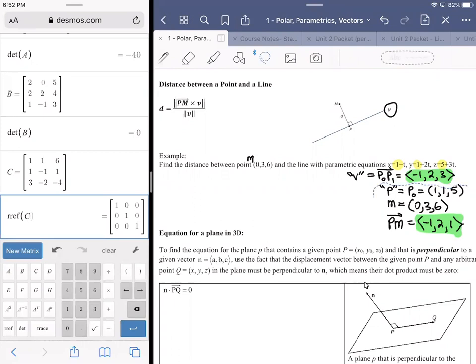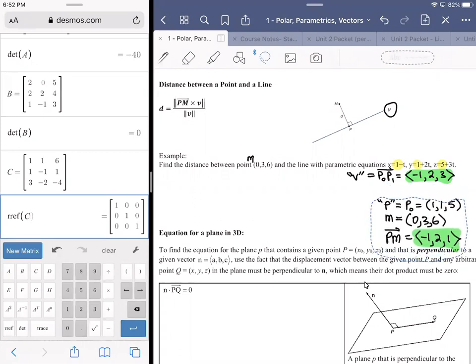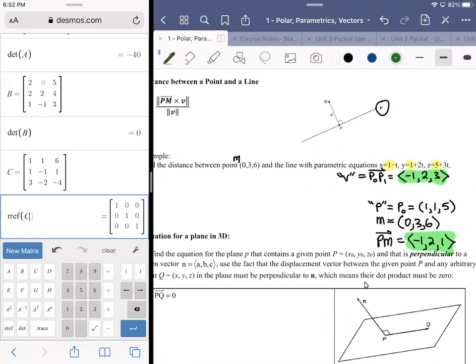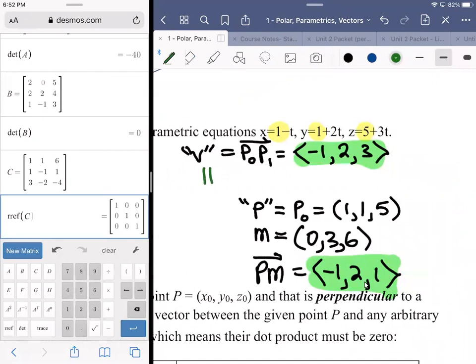I'm just going to shunt this down a little bit because I can tuck in the magnitude. I'll just throw it in right here. So the square root of (1 + 4 + 9), the square of each component.